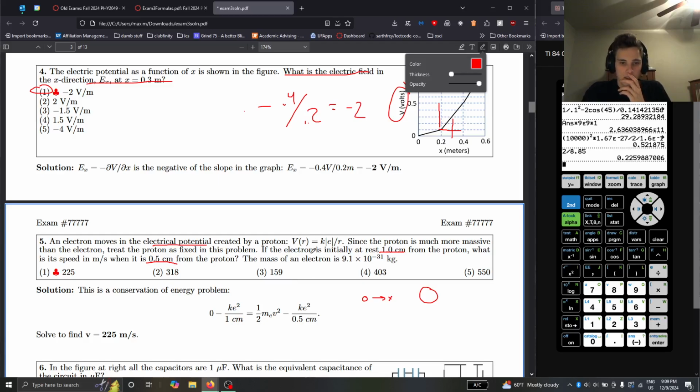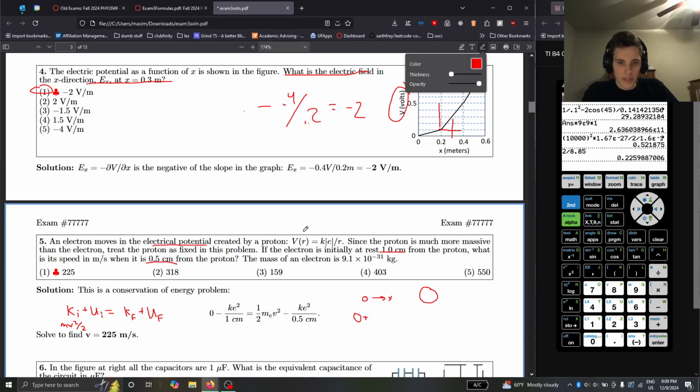That's mainly due to the fact that here, the electron is initially at rest, so its kinetic energy is 0. So for review, kinetic initial plus potential initial equals kinetic final plus potential final. It's at rest, so kinetic, which is mv squared over 2, will be 0 because v is 0.